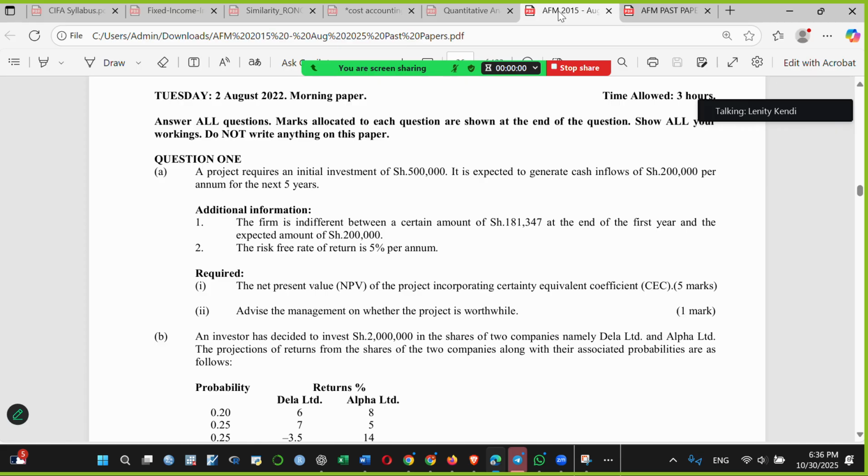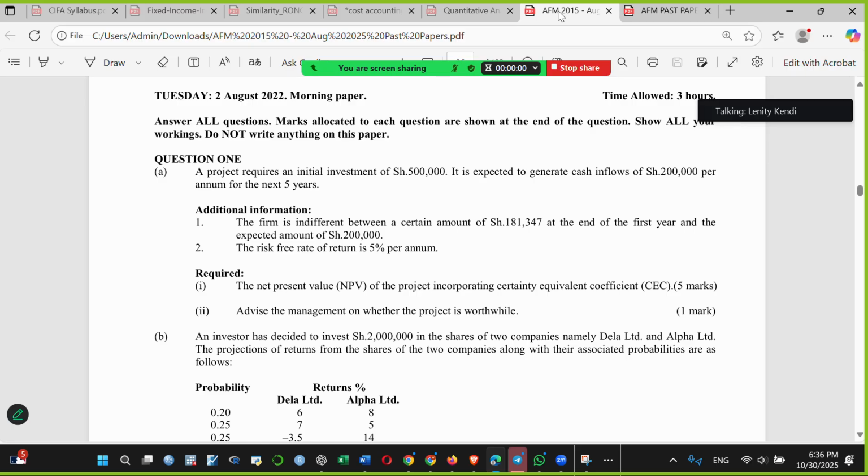Project requires an initial investment of 500,000. Is expected to generate cash flows of 200,000 per annum for the next 5 years. Additional information: the firm is indifferent between a certain amount of Kenya shillings 181,347 at the end of the first year and the expected amount of 200,000.